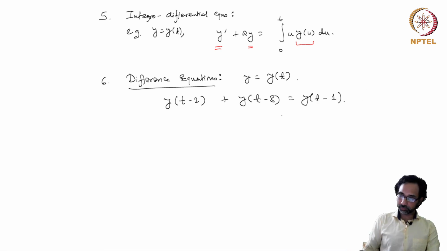Here t is taken to be greater than 3 if y is defined only for positive t, or you can also impose the condition that y(t) equals 0 for t less than 0.